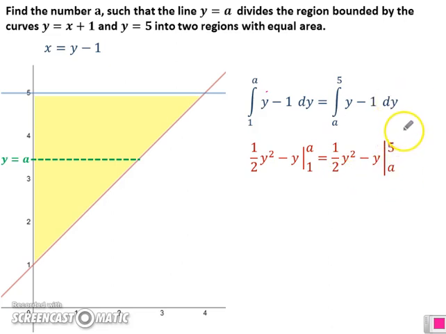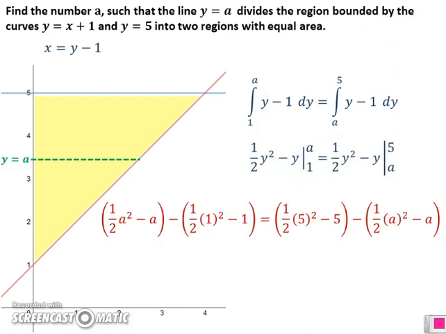Use the fundamental theorem, plug in a, and plug in 1. So this will look like 1/2 a squared, and then minus a, and then over here do the same thing. So we're using the fundamental theorem. We're plugging it all in. Kind of messy, but it's just algebra at this point. So this is 1/2 minus 1 inside here. This is 25 over 2 minus 5.